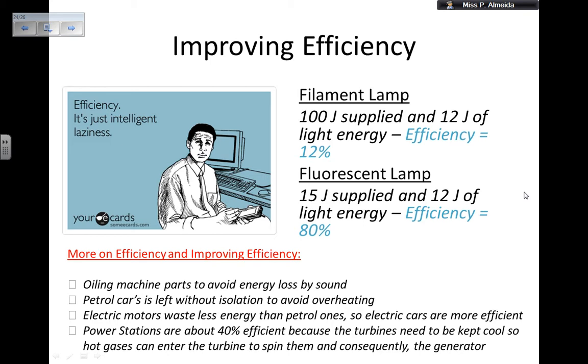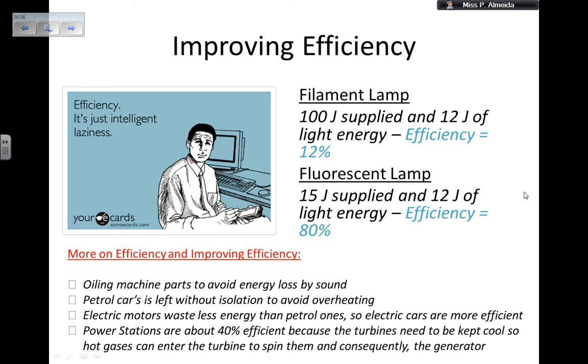Other ways: power stations are only about 40% efficient because the turbines need to be kept cool, again, wasting energy as heat energy, so that the hot gases can enter the turbine to spin it, and consequently the generator. So again, if you want to improve the efficiency of something, you want to decrease the amount of wasted energy.